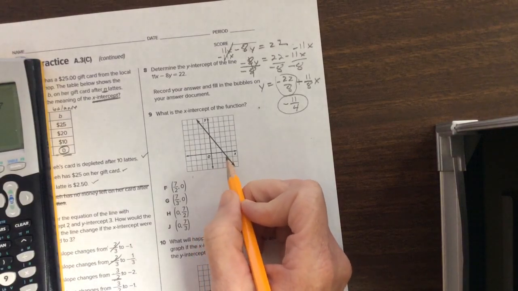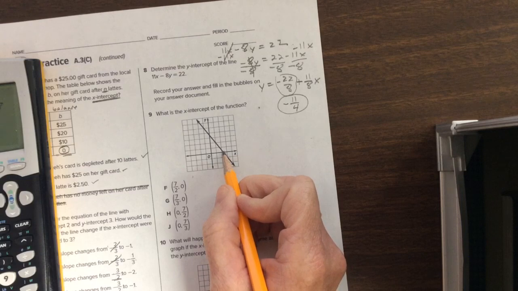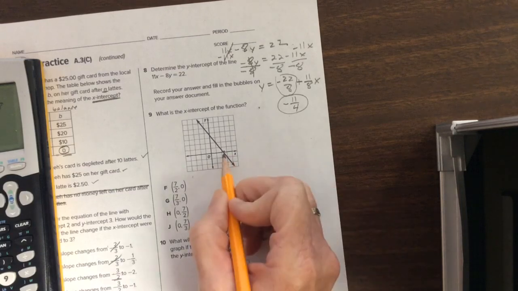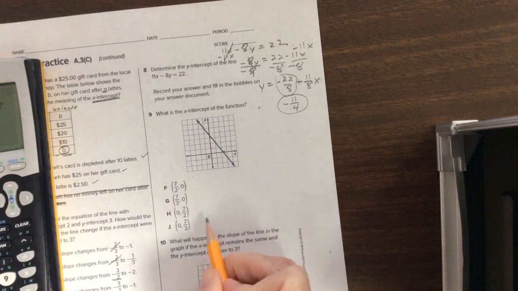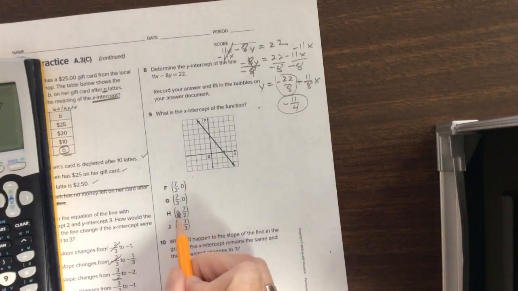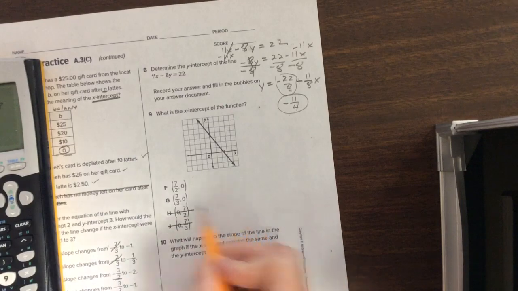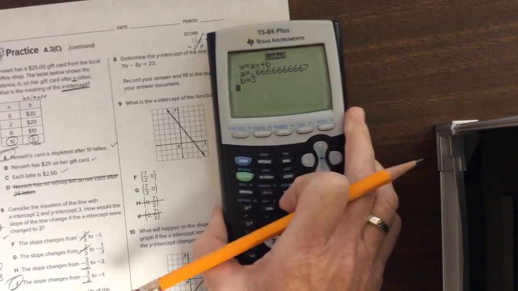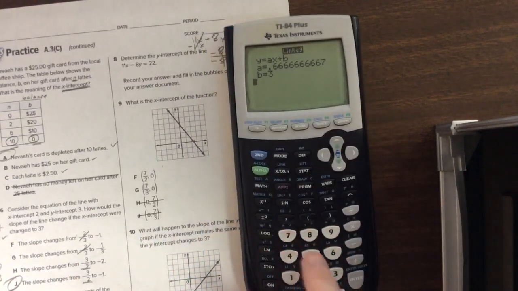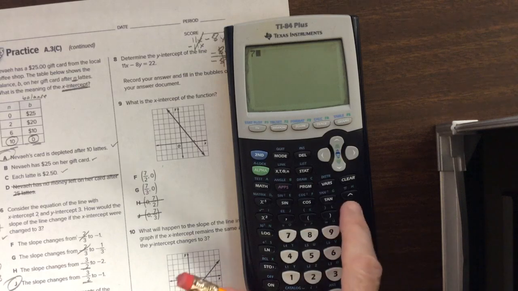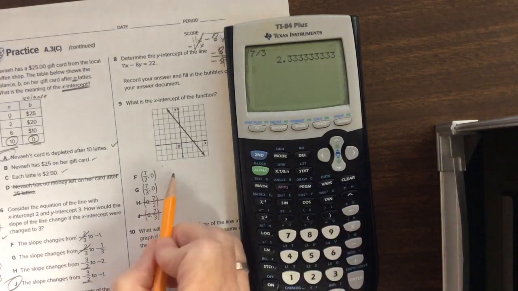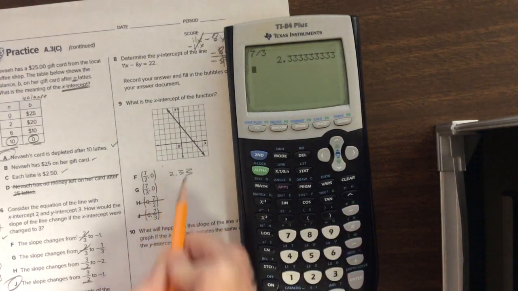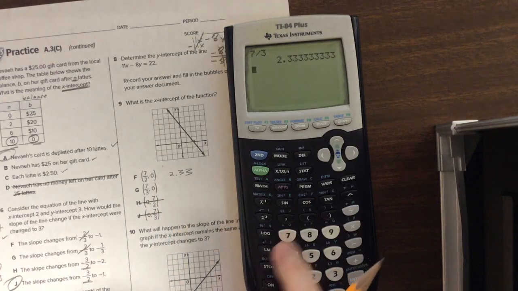Number 9, what is the x-intercept of this function? Well, when y is 0, that number would be your x-intercept. So when x is 0, it's not going to work. Now we just need to see which one it is. So if we have 7 divided by 3, we get 2.33.